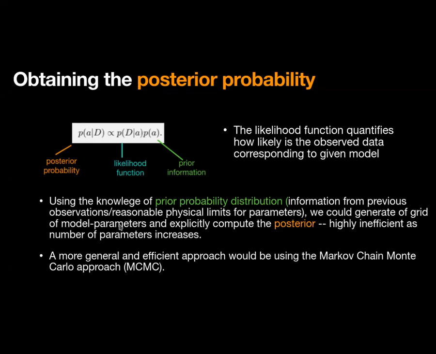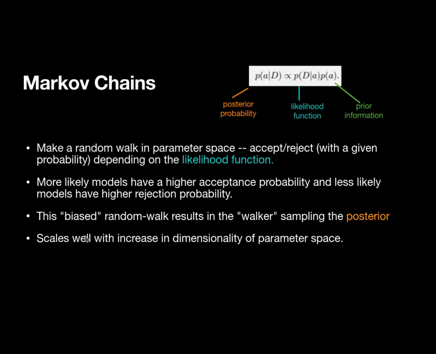So what you need is to be able to explore this with a highly general and efficient approach, and that is the Markov chain Monte Carlo approach. Here we construct Markov chains, which is essentially performing random walks in parameter space.